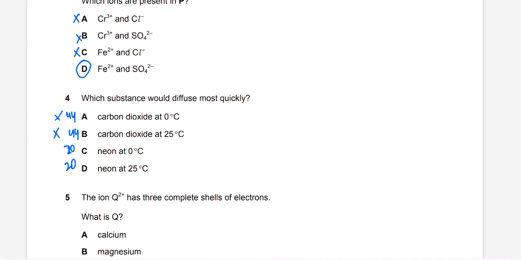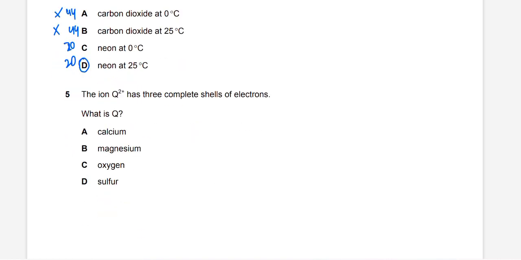Out of these two, the one with the high temperature will diffuse first, because an increase in temperature increases the rate of diffusion, and a decrease in molecular mass also increases the rate of diffusion. So option D is correct.